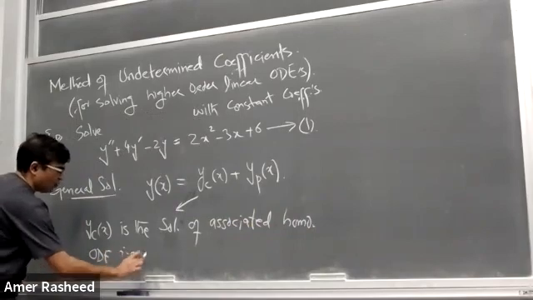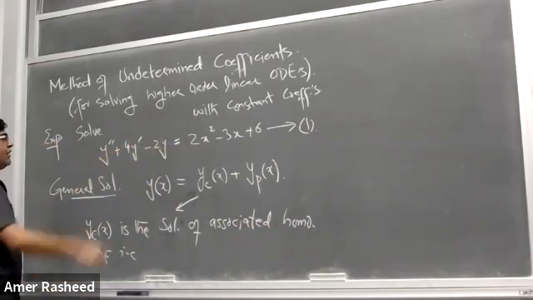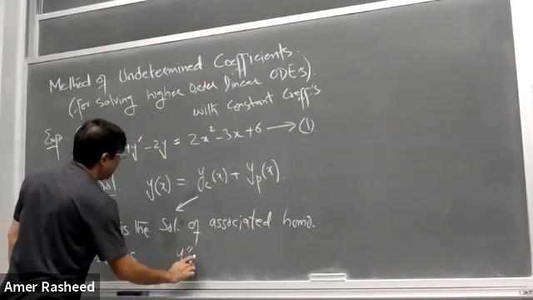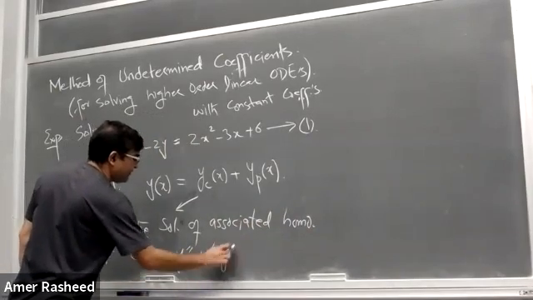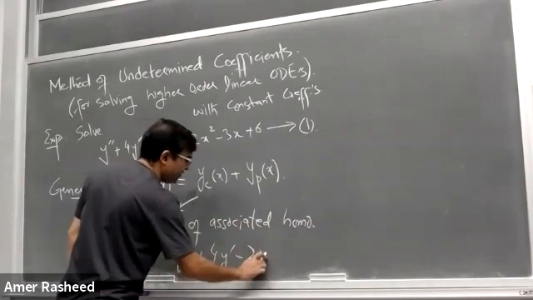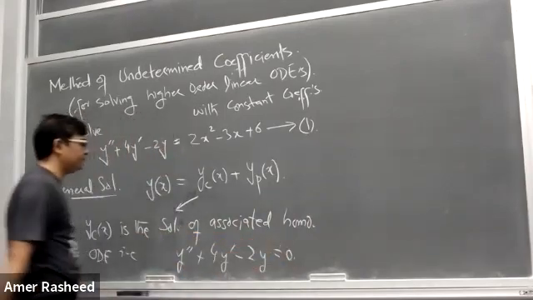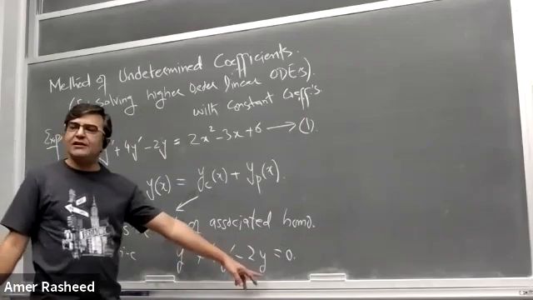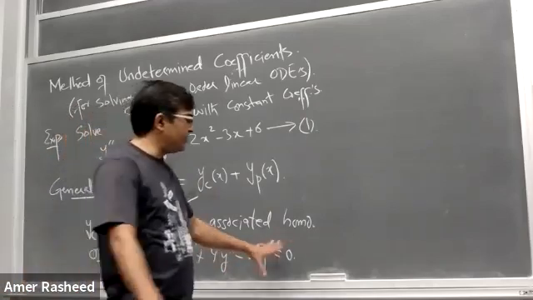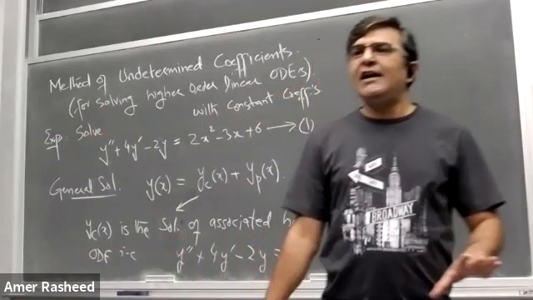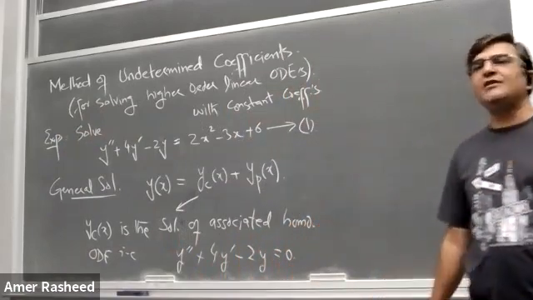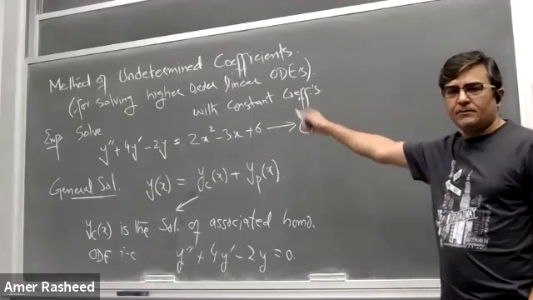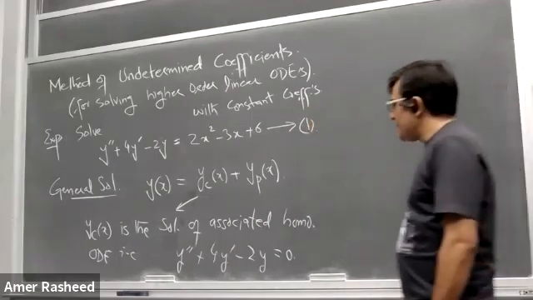For the associated homogeneous ODE, you just write the left-hand side, or the homogeneous part, of this differential equation. So yc will be the general solution of that homogeneous equation. The general solution of a homogeneous differential equation is a different thing from the general solution of a non-homogeneous differential equation. Keep this in your mind.